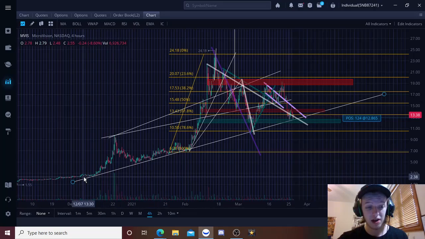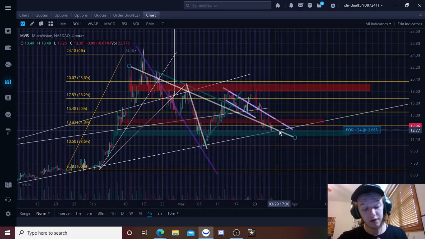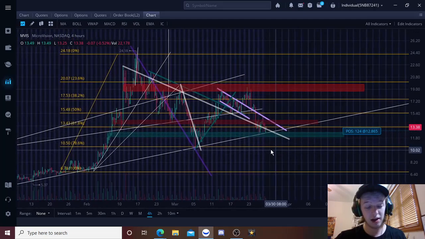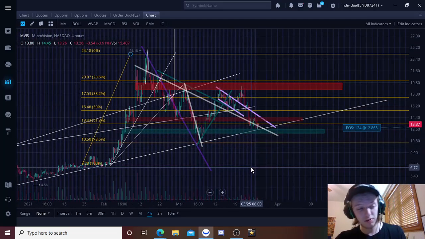Especially this one has a very nice, clear ascending support. If the market crashes and we get another correction, right, that can happen, once we break this ascending level, that's when it's like, okay, it might be bear market time. But there is no indication that will happen anytime soon.